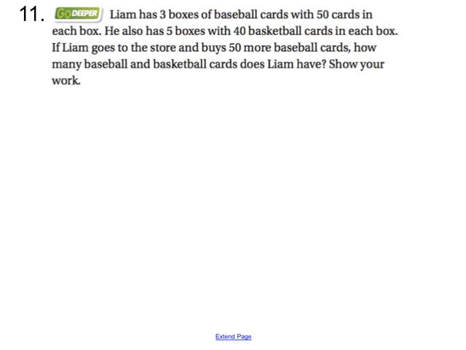Okay, so I'm going to show my work step by step explaining what I would do. So step 1 is to find the total number of baseball cards in the 3 boxes.